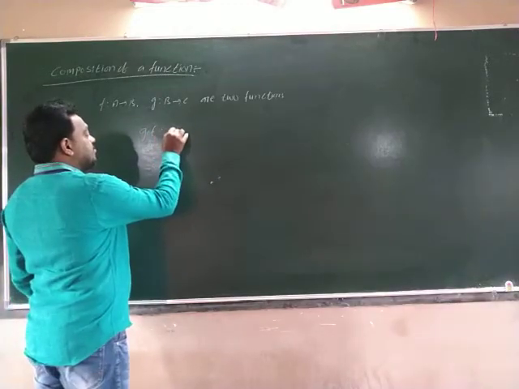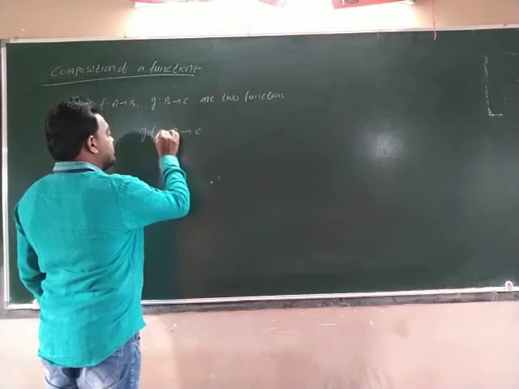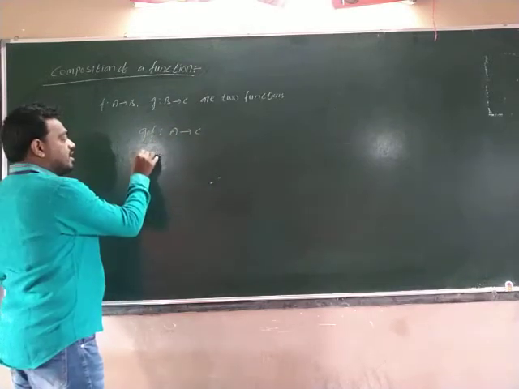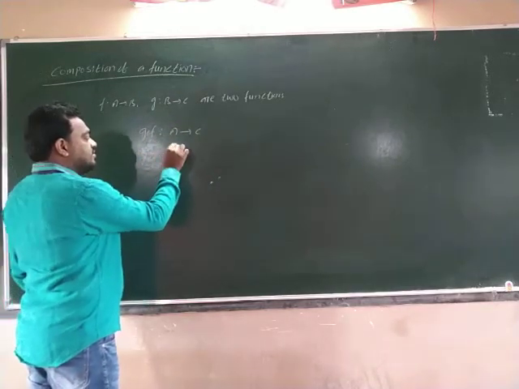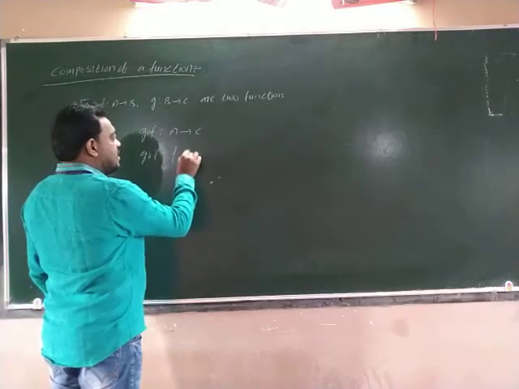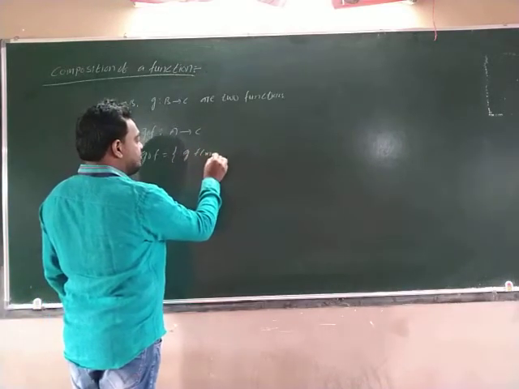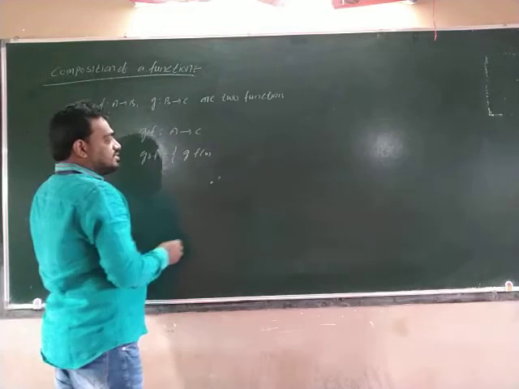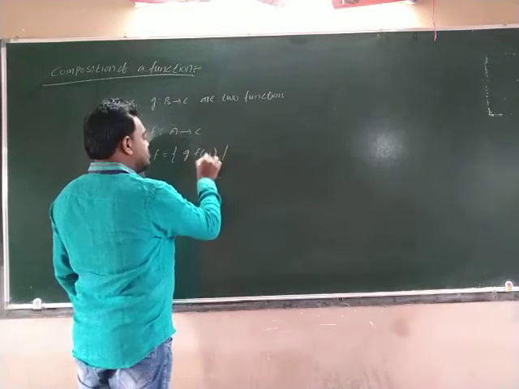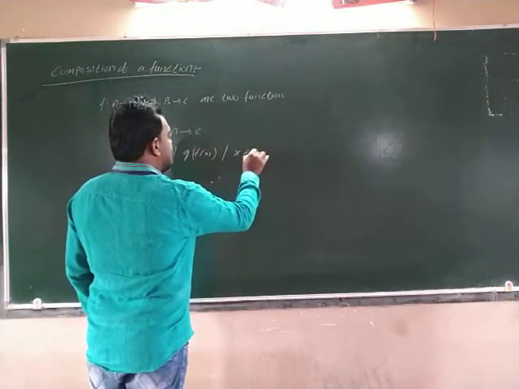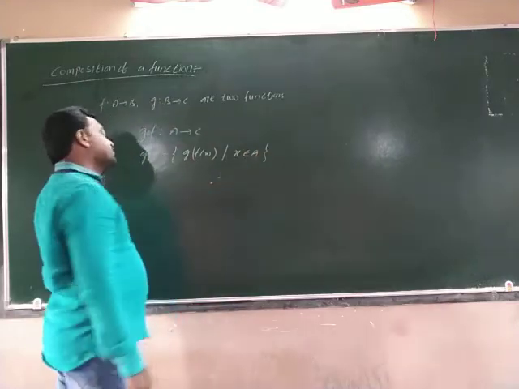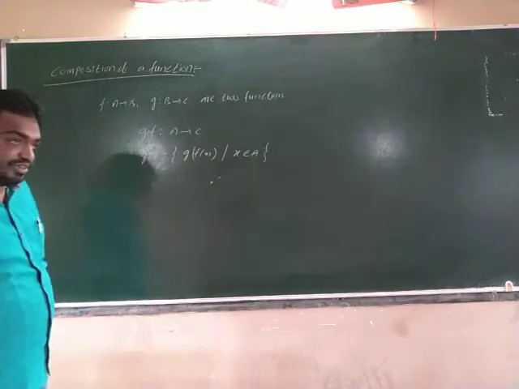It is from A to C, and g circle f is defined as g of f of x, such that x belongs to A. This is the definition of composition of a function.